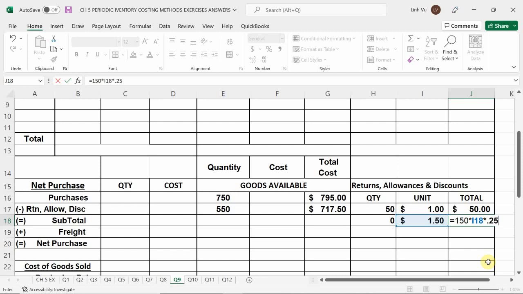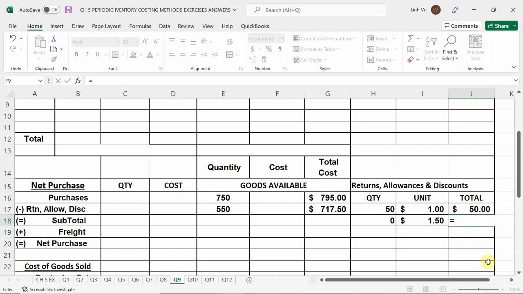What's your total refund here? Okay, 150 of those units. $45. Okay, hold on.